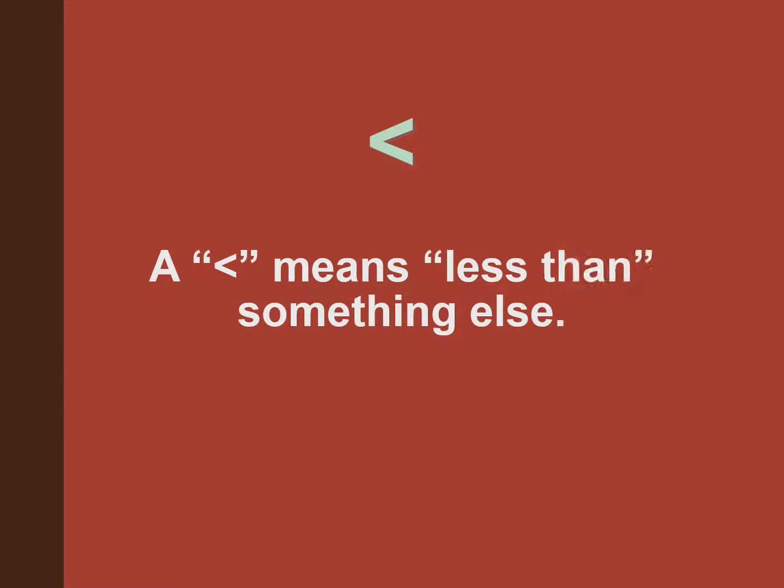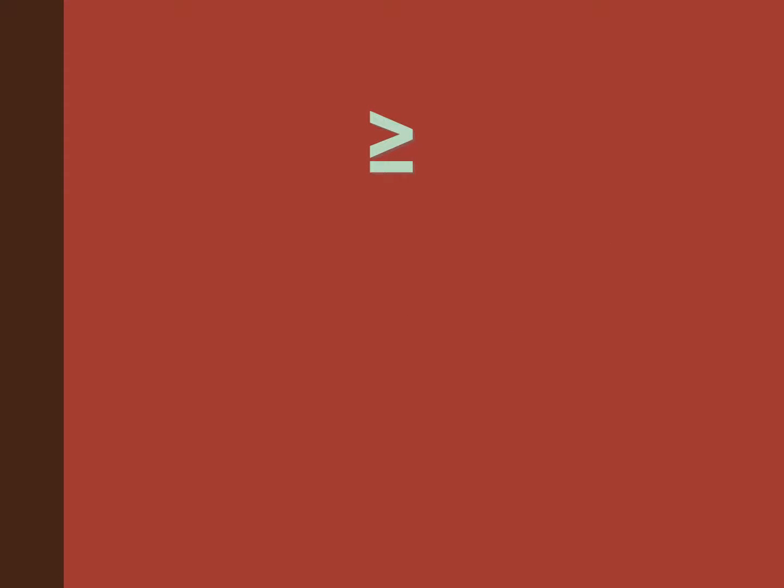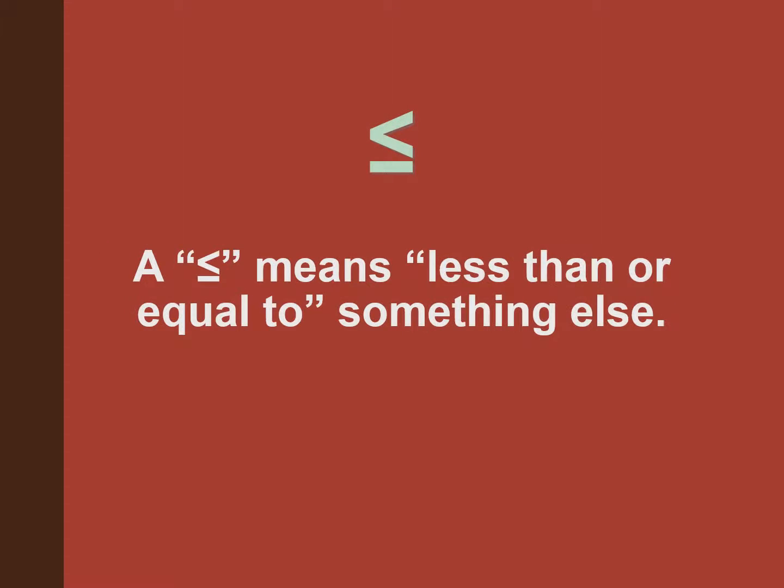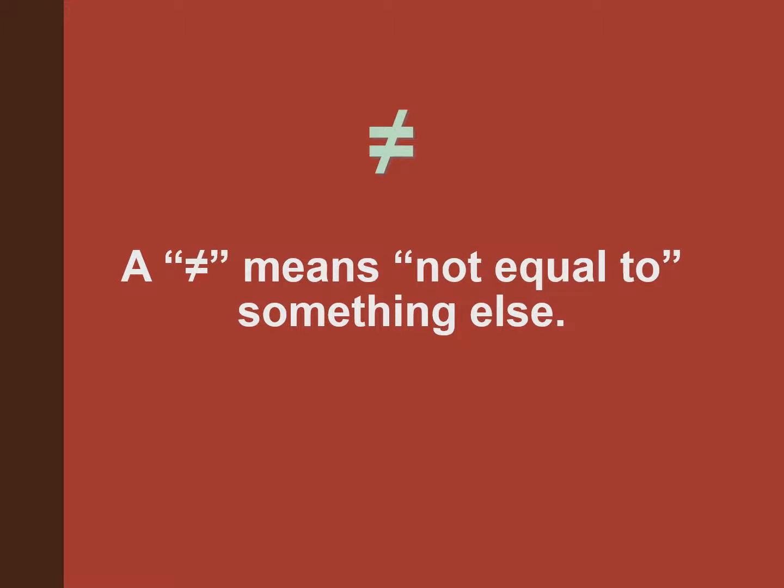So again, reading left to right, this is less than this. So this symbol means less than. Now when we put the line under it, it means greater than or equal to. This symbol means less than or equal to. And this is a symbol where it looks like an equal, but there's a slash through it. So we say this is not equal to something else.